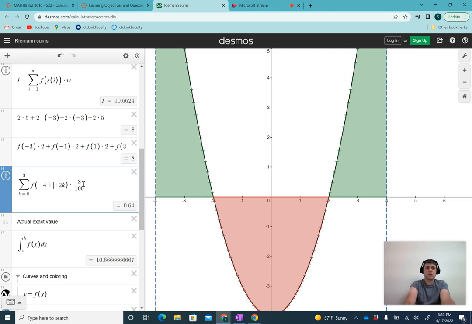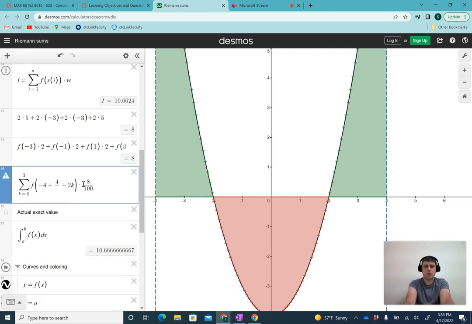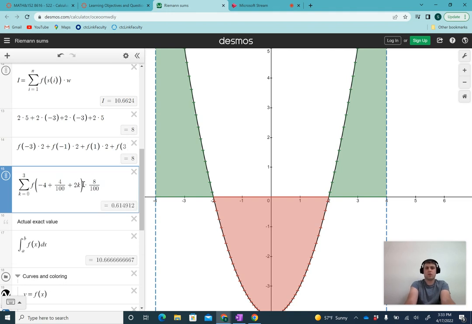So half of that's going to be 4 over 100. So 0.04 you add to -4. That's the first midpoint. And then to change from one midpoint to another, you do 8k over 100, right? Because each time when k goes up by 1, you're adding 8 over 100, and that lands you to the next midpoint.